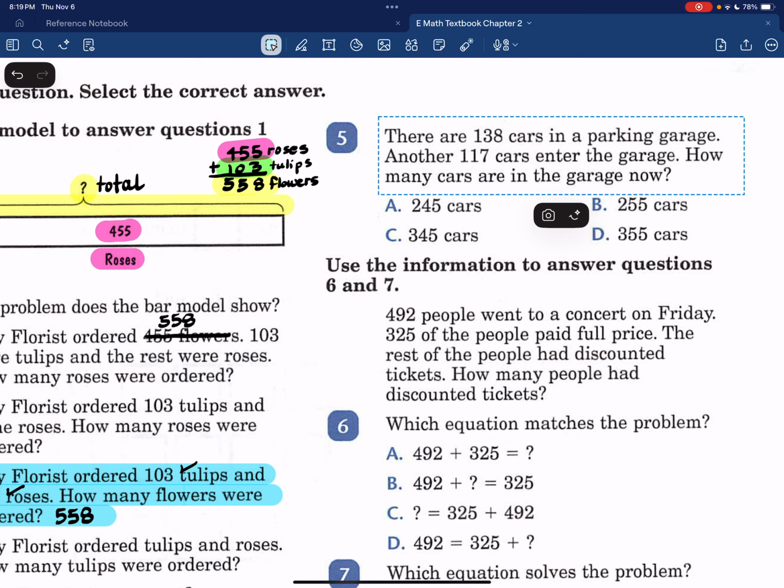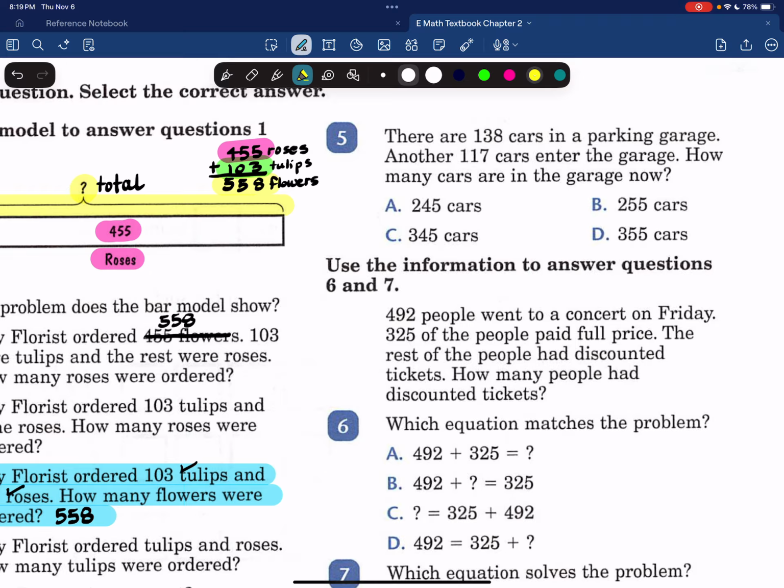Another 117 cars enter the garage. How many cars are in the garage now? So let's mark this one up using our problem-solving method. How many cars are in the garage now? And we have two important numbers.